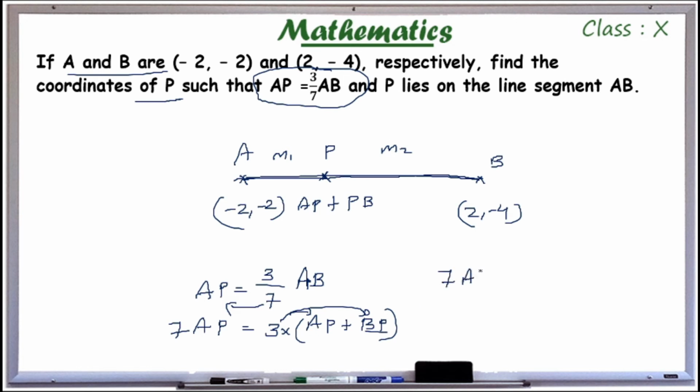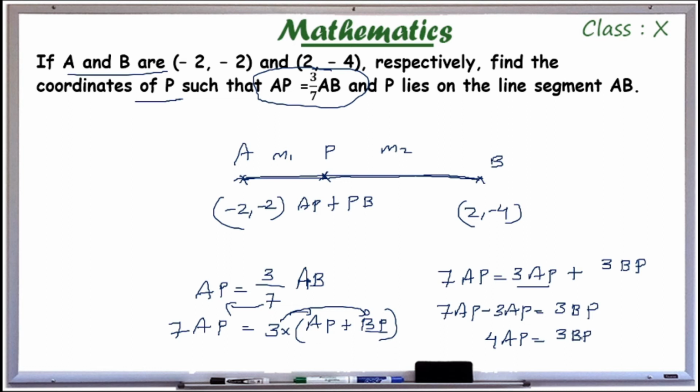I will get 7 AP is equal to 3 AP plus 3 BP. When I bring AP to the left side, 7 AP minus 3 AP is equal to 3 BP. So 7 AP minus 3 AP is 4 AP. 4 AP equal to 3 BP.